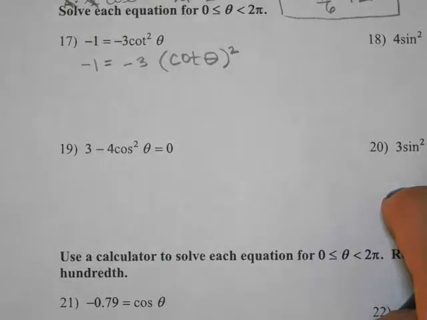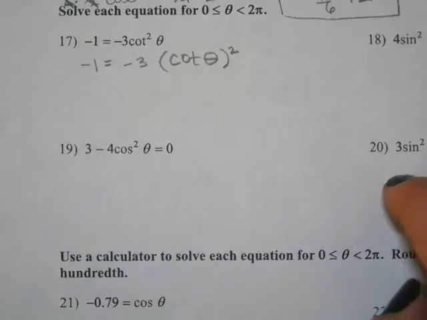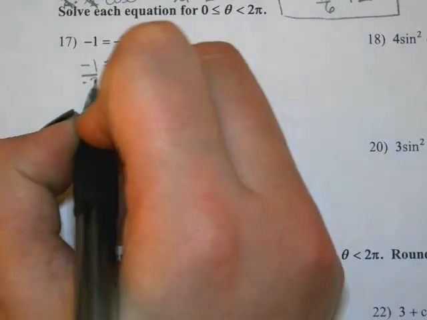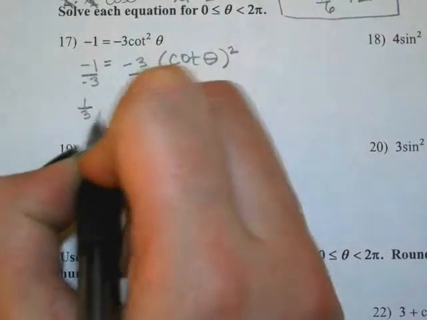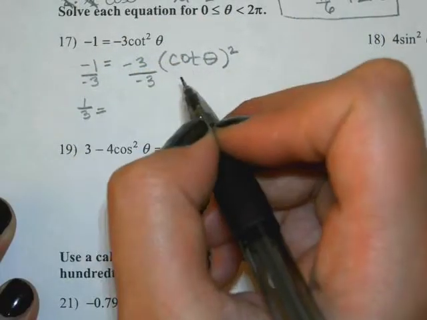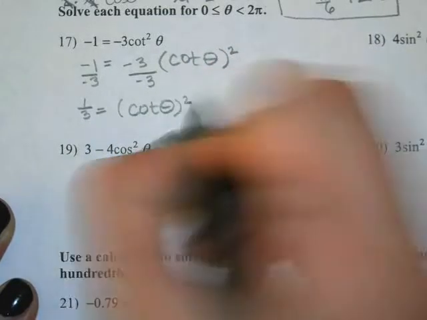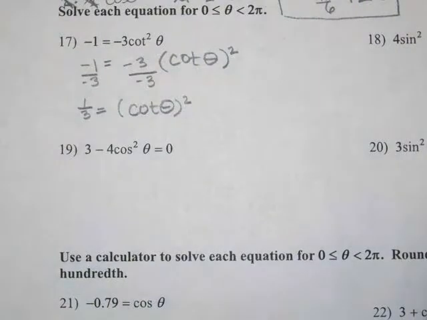Now, I'm trying to get the theta by itself, so what's the first thing I could do? Divide the negative 3 over. So 1 third equals cotangent theta squared. And then what should I do to get cotangent theta by itself?